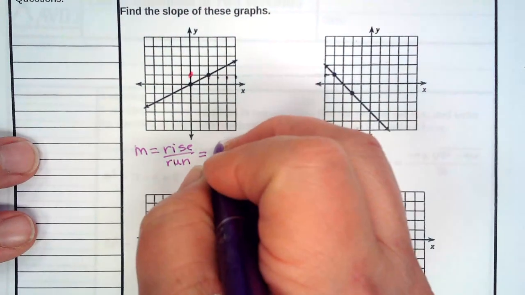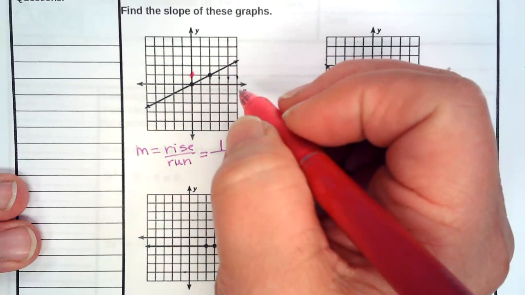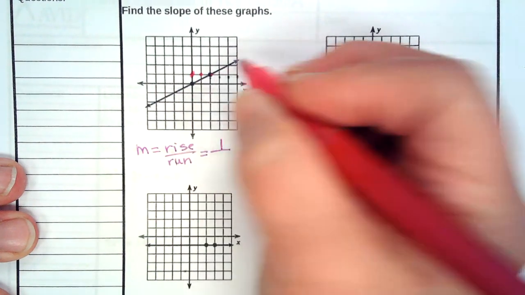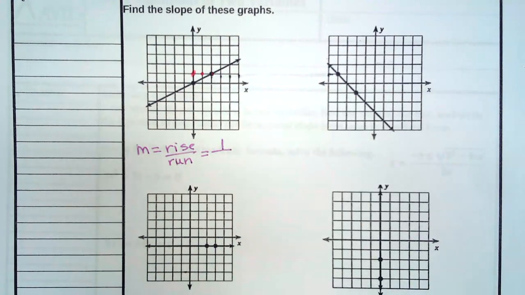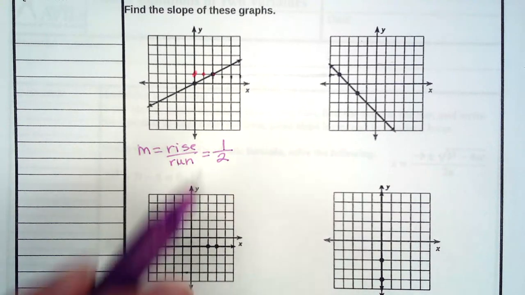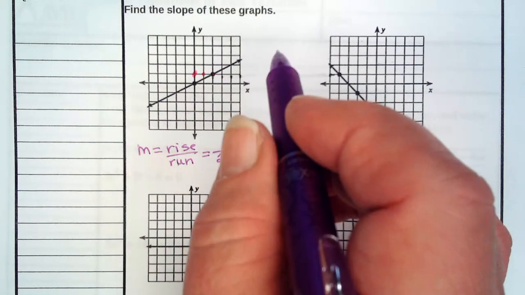So that is 1 over. Count the boxes, not the lines. 1 box, 2 box. So that's 1 over 2. And that's my slope. Positive means it goes from the bottom of the graph to the top of the graph.